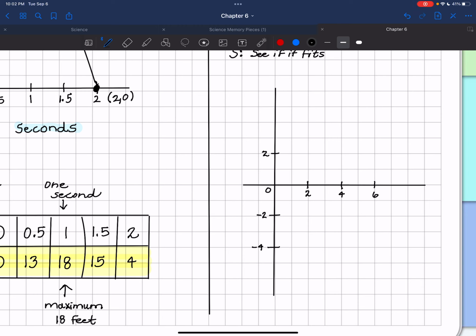And then I have a parabola that crosses here, here, and up here. So we have a parabola that looks something like this.